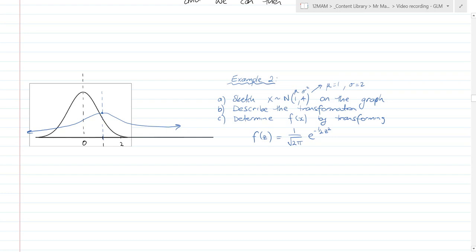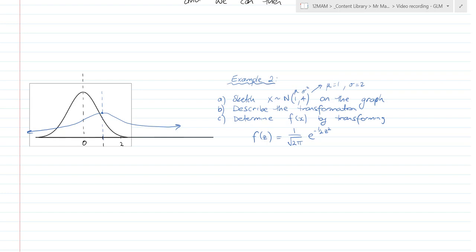out to 1. Now, describing the translation, I've pretty much just done that. We've spread it out by a factor of 2, which is a multiplication of a half on the inside of the function. We've squashed it by a factor of 2, which is a multiplication of a half on the outside of the function. And we've shifted it to the right by 1 position because that mean has changed.